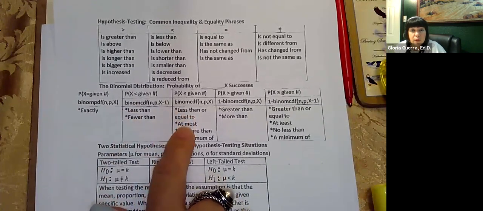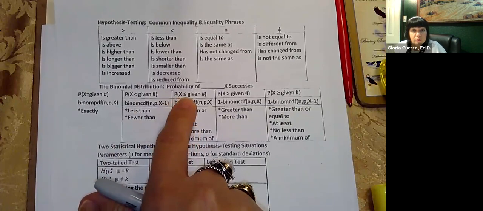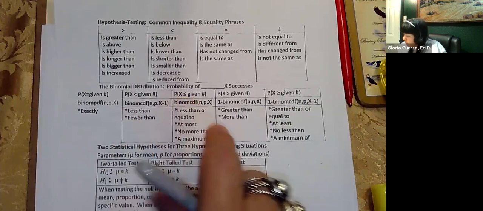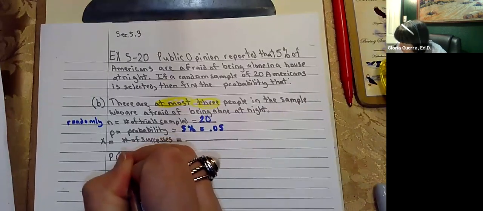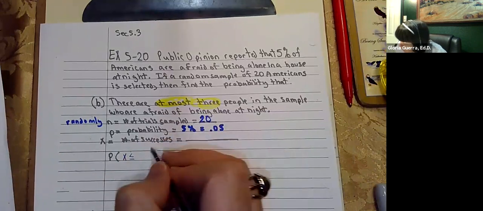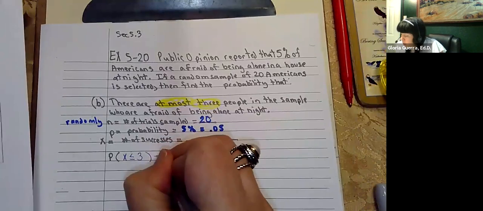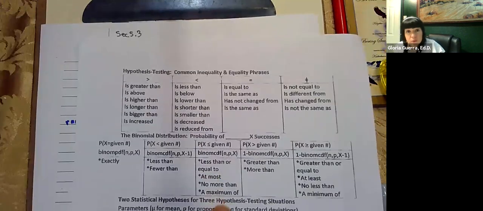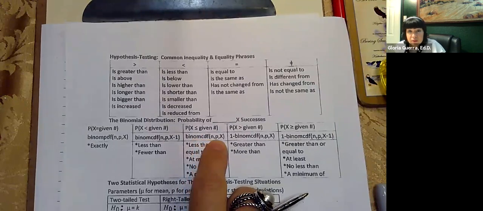Here we go, see, at most. So that's going to be this: probability x is less than or equal to a given number. Okay, so we're going to say probability x is less than or equal, and the given number was 3, see? And then binomial cdf, N, P, X.